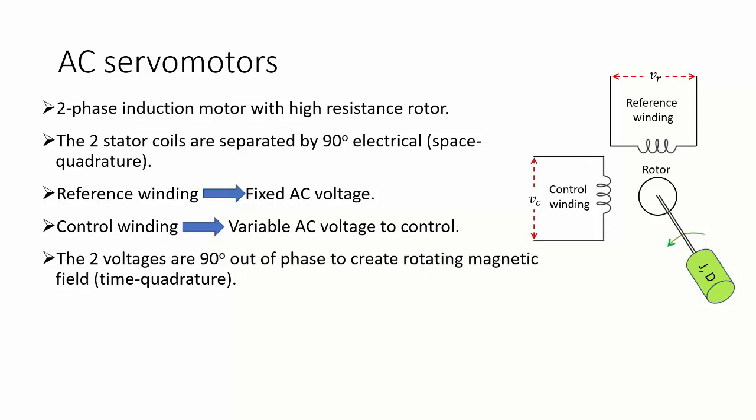In case of two-phase motors or a single-phase induction motor, you always try to generate two fluxes which are more than 0 degrees out of phase. By flux I mean the flux produced by the coil at the reference winding and the flux produced by the control winding.